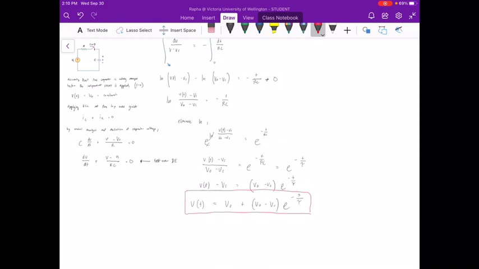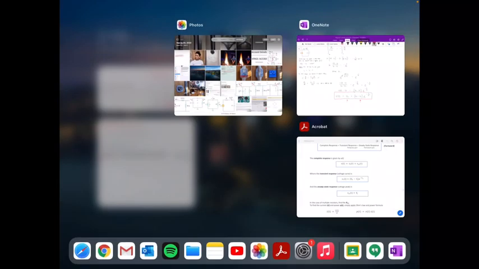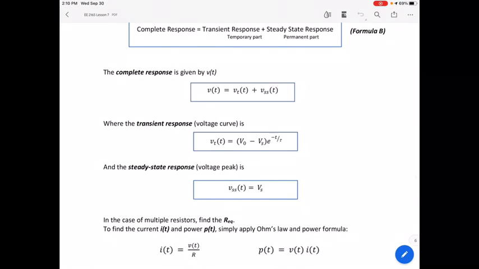So we have two parts in this formula. This part over here is the transient response.